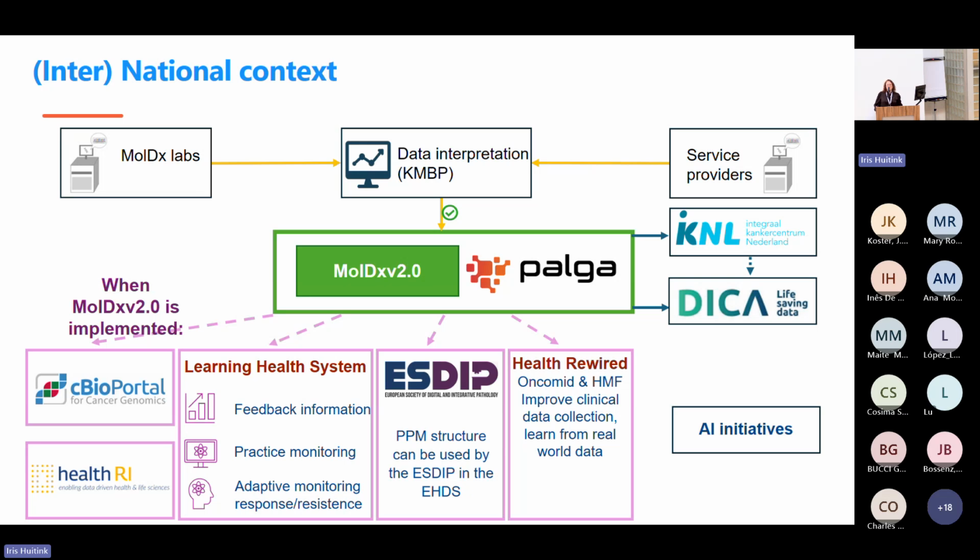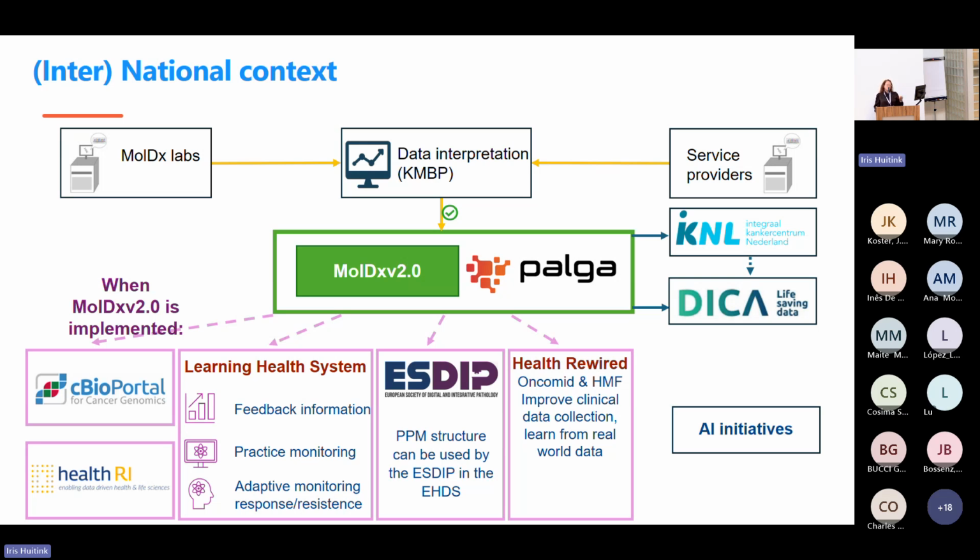But if we would also be able to link the molecular pathology data to the clinical data, we could add everything in cBioPortal. That's why we're here today, and we would be able to use the data for the learning healthcare system.